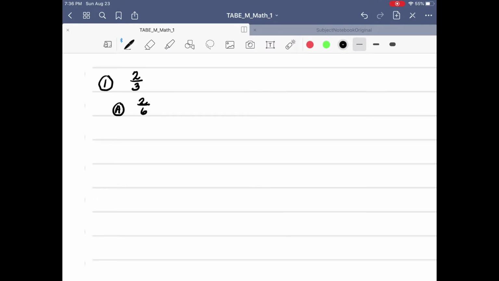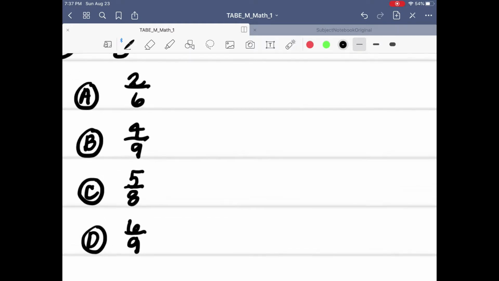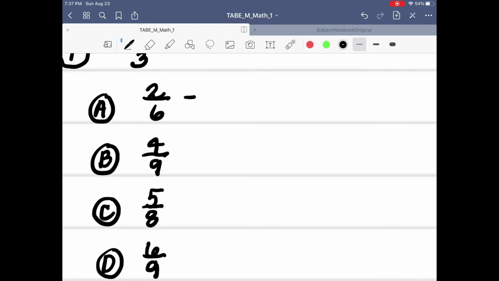My choices are 2/6, 4/9, 5/8, and 6/9. And we want to know which of these is equal to our 2/3.